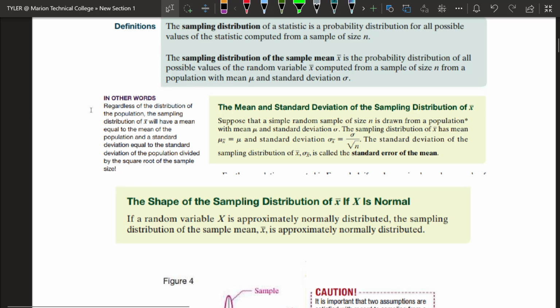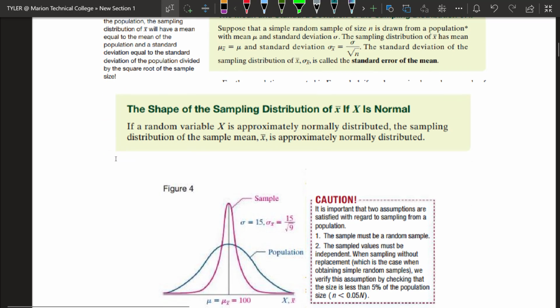Regardless of the distribution of the population, the sampling distribution of x bar will have a mean equal to the mean of the population and a standard deviation equal to the standard deviation of the population divided by the square root of the sample size. So it doesn't matter what the distribution is. We expect those two things to happen: for the means to match and the standard deviation to be the population standard deviation divided by the square root of your sample size.